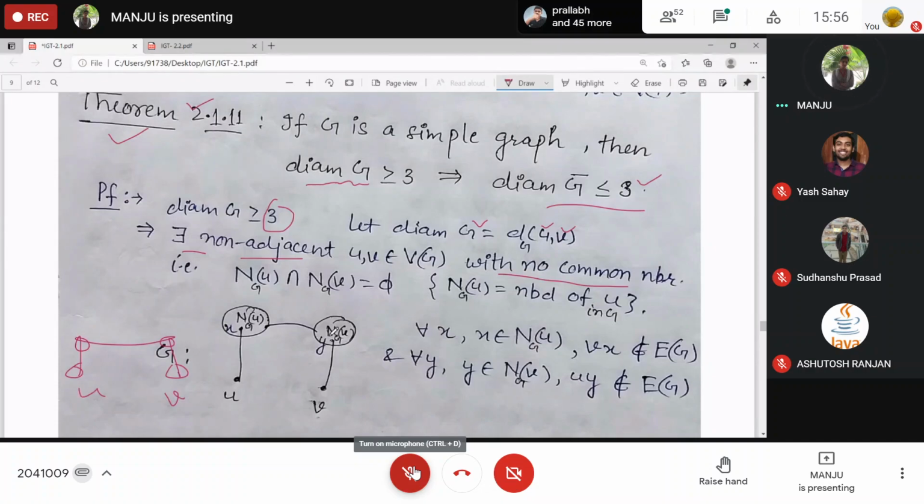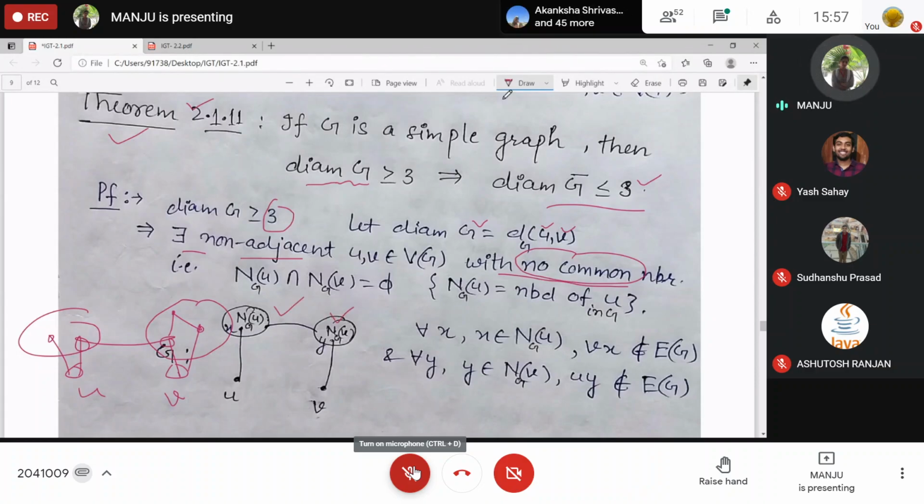Clear? The neighborhood of U intersected with the neighborhood of V is empty, because there is no common neighbor. This is the possible scenario. The neighborhood of U has these vertices, and V has these, not from this one. These have no common neighbor, no common element.